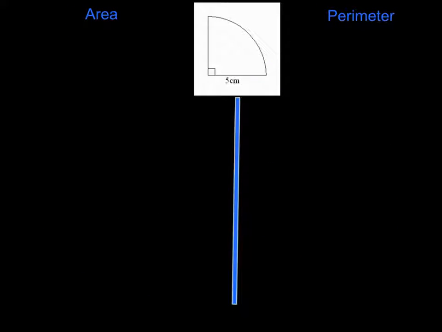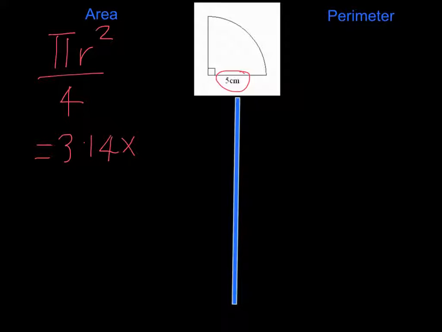To find the area of a quarter of a circle, we'll use our formula for the area of a circle, pi r squared, and because it's a quarter, we divide it by 4. In this case, we do have the measurement of the radius, so we can go pi, which is 3.14, times the radius, 5 centimeters squared, all divided by 4.